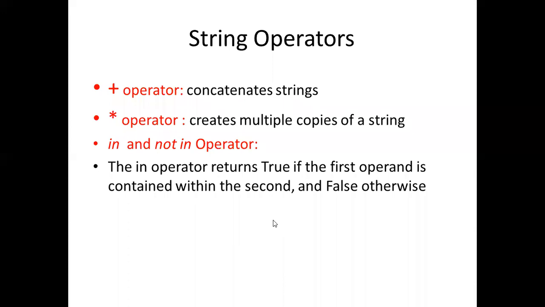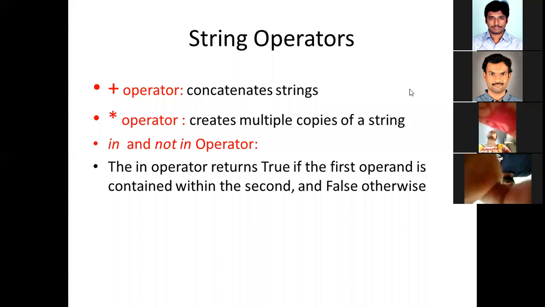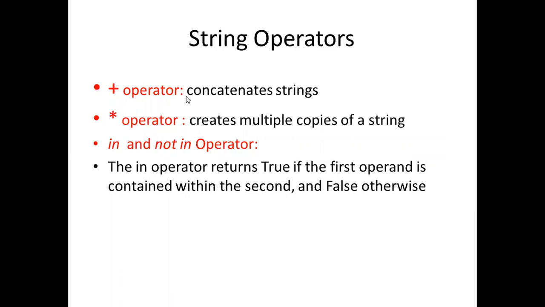See that these are the string operators, and plus is a concatenation operator, which is used to concatenate two strings. We are going to discuss all these things with the help of examples. I am just going to explain what the different things available in strings are. The plus operator is there in C language as well as in Java.